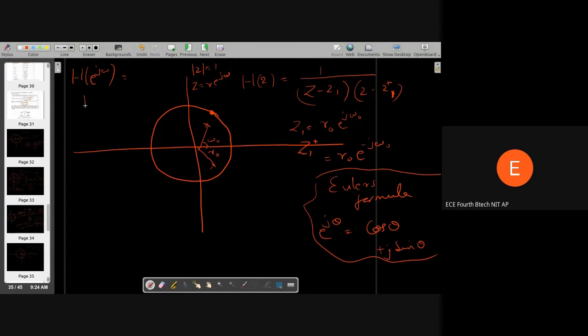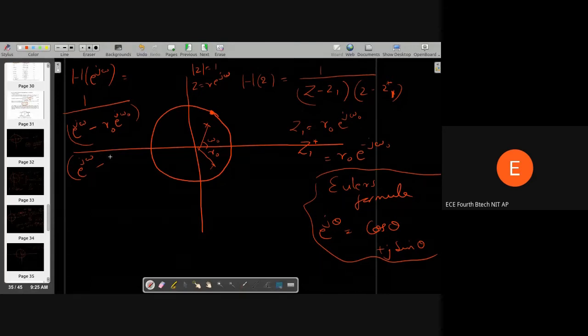So it will be e to the power j omega minus r naught e to the power j omega naught, and e to the power j omega minus r naught e to the power minus j omega naught. Now you can do this algebraically also.